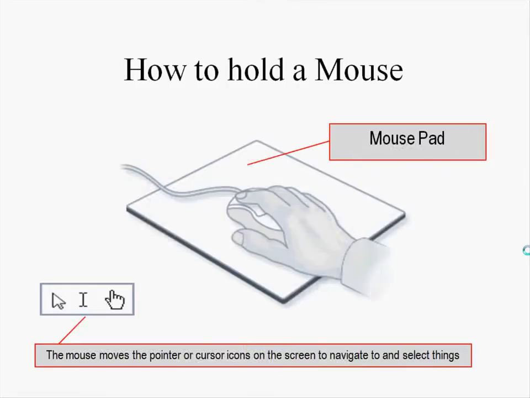You hold the mouse by laying your hand gently over it. The illustration shown here is for a right-handed person. When a right-handed person lays their hand on the mouse, their index finger falls naturally on the left button area of the mouse. For a left-handed person, it would be, say, the ring finger that would fall over the left button.